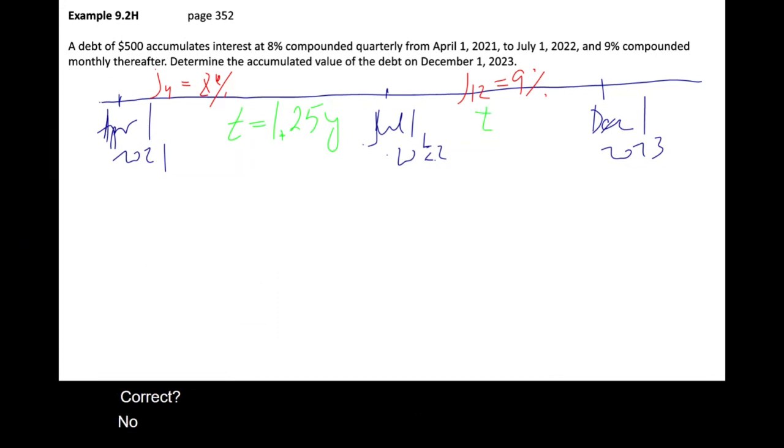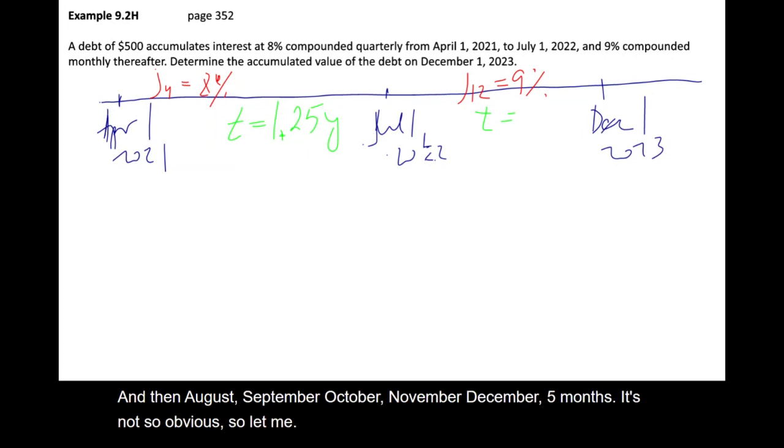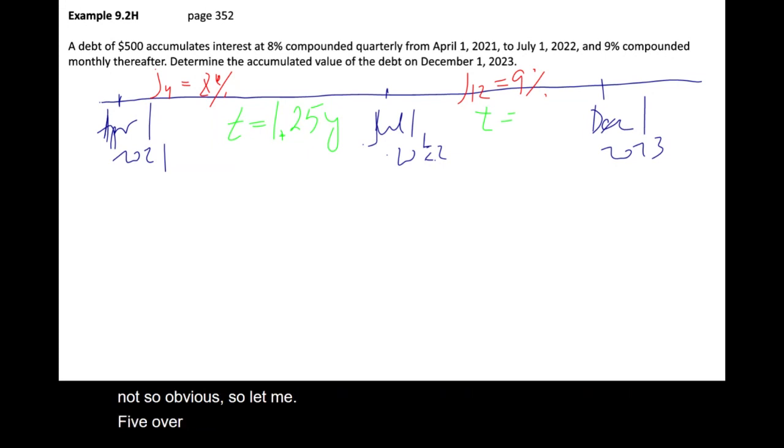Now, second interval, T. July 1 to July 1 gives me a year, and then August, September, October, November, December, 5 months. It's not so obvious, so 5 over 12, that is 1.416 in period years. Please confirm my values, guys.